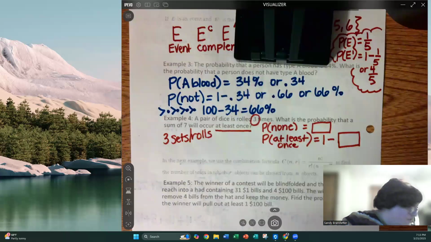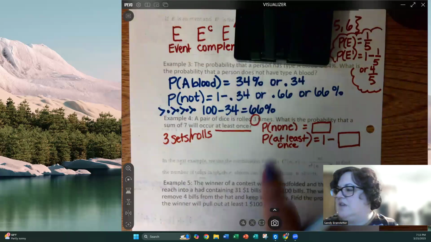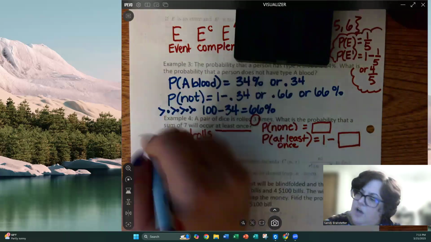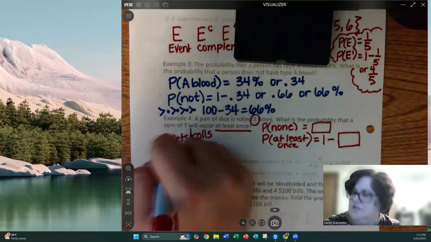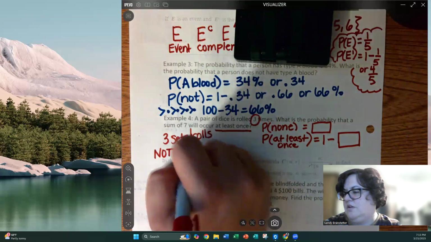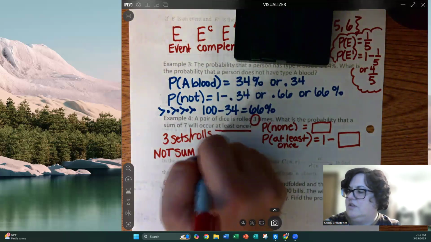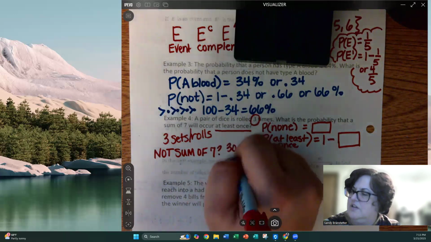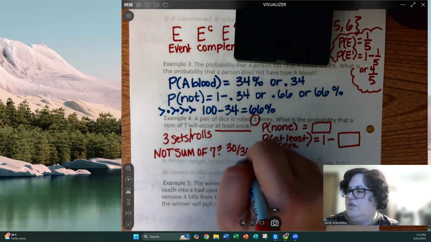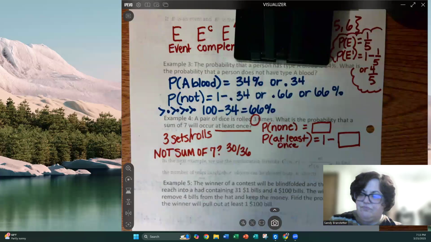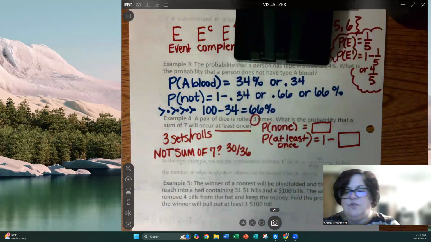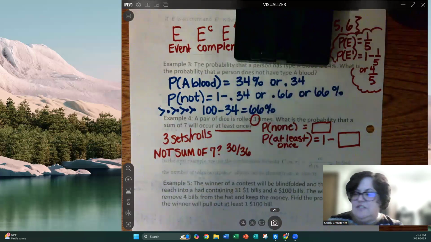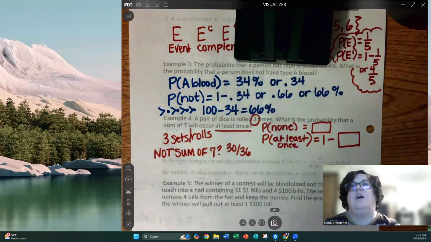So if 6 of them will give me a sum of 7, how many will not be a sum of 7? 30 out of 36. So 30 out of 36 would not be a sum of 7.